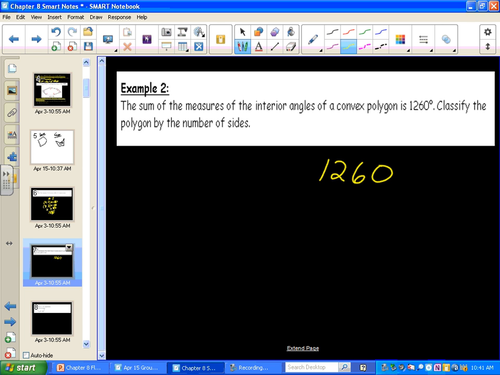Very good. So what are you setting it equal to? Yeah, n minus 2 times 180. We're making an equation here. So we're going to set it equal to n minus 2 times 180. Now what's the first step in solving for n? Good, we could divide by 180. Divide both sides by 180.